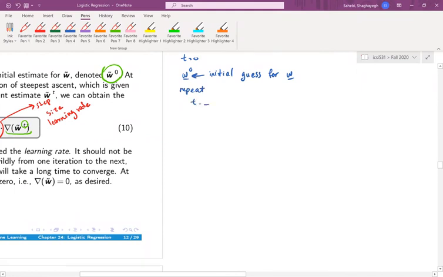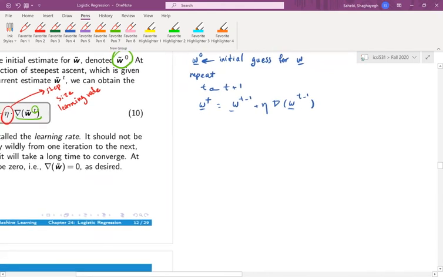We say t is t plus 1, and we say, okay, wt is equal to wt minus 1 plus the learning rate times the gradient of w at t minus 1. And we do this repetition until some stopping criterion happens.